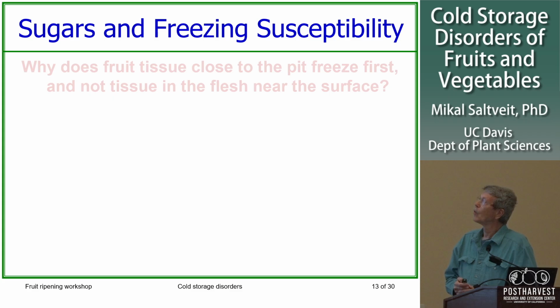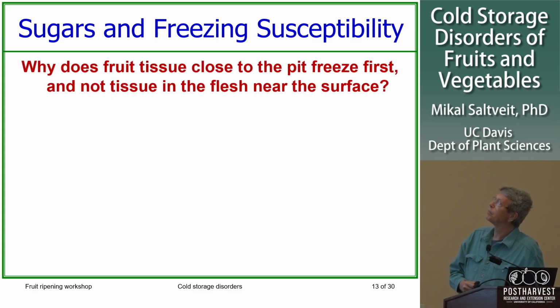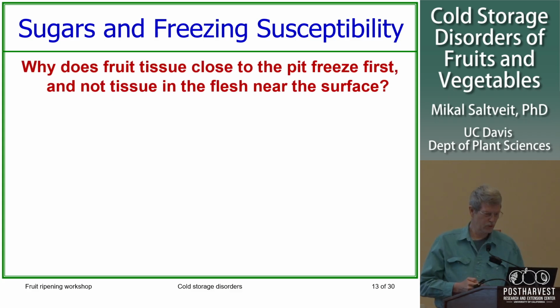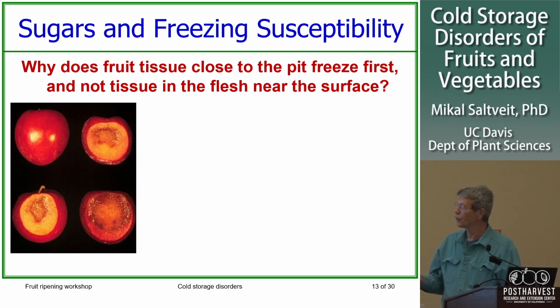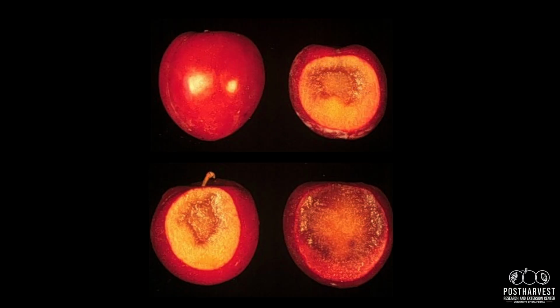Okay. Why does fruit tissue close to the pit freeze first and not tissue near the surface? So here we have some plums, and the freezing occurred near the pit, not in the flesh out here. How could that occur?